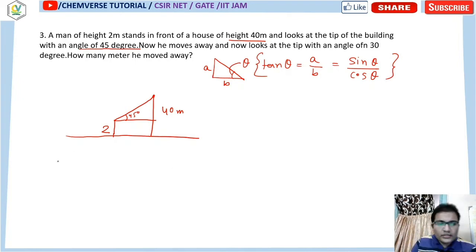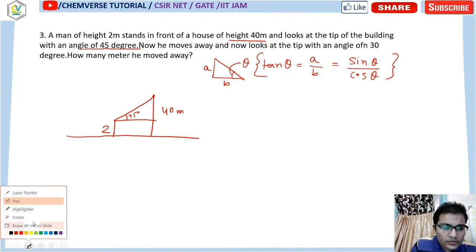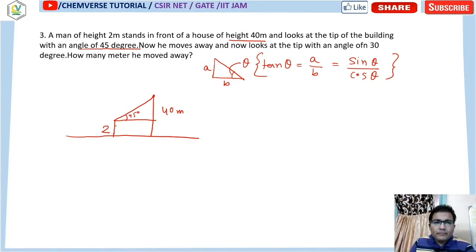Okay, now let's move on to our question. If the man has height 2 meter, so this height is 2 meter, so this height will be 38 meter. My drawing is not good anyway, so this height is basically 38 meter.